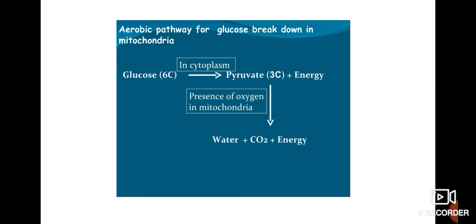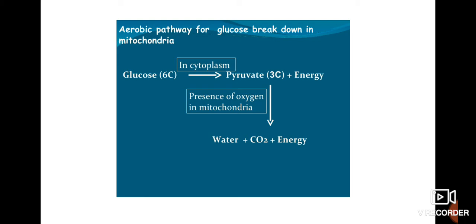Finally, the aerobic breakdown of glucose, where the glucose will initially break down into a 3-carbon molecule called pyruvate in the cytoplasm. This pyruvate can now enter the mitochondria in the presence of oxygen.